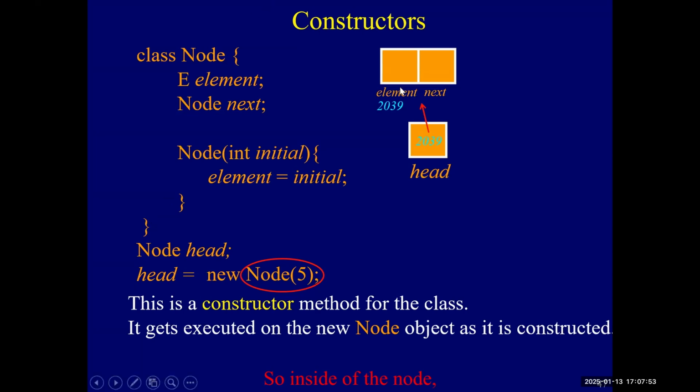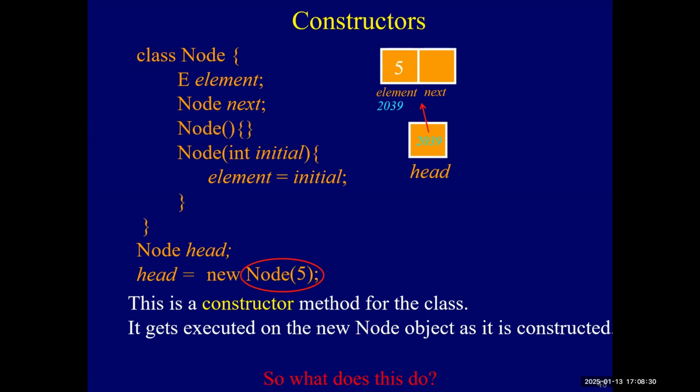So inside the node, this field is just element. Everybody kind of see that? Sometimes you have to know who you're talking about, and we're talking about the one we're creating. The element in the node that we're currently creating is going to have its element field contain the initial value. So as we create it, we put a 5 in there.